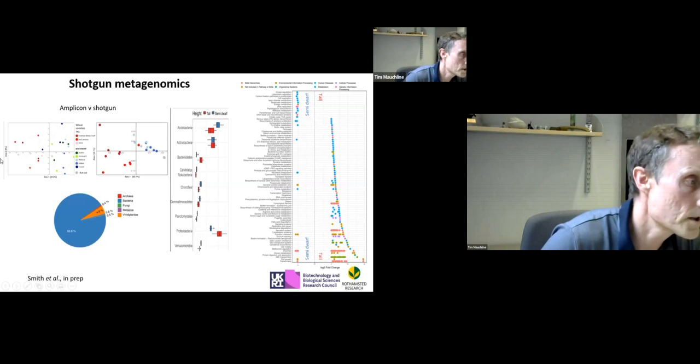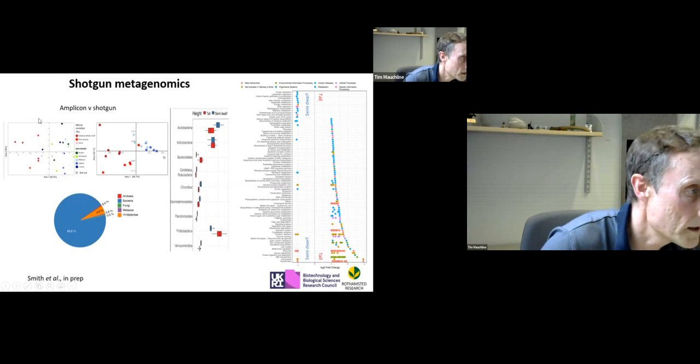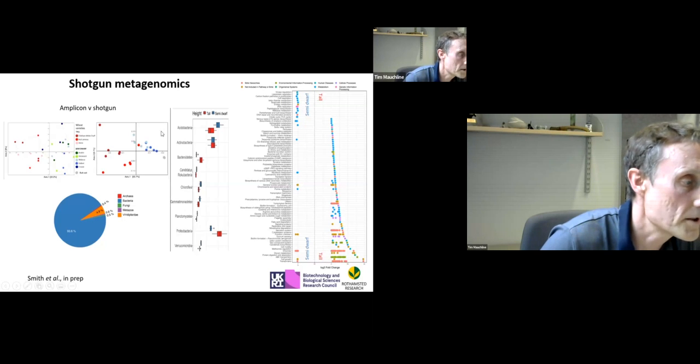So looking at these two ordinations here, this is the amplicon here, and this is the shotgun metagenomics. And we're broadly seeing the same trends in that we're able to see clear separation of the microbiome according to plant height.